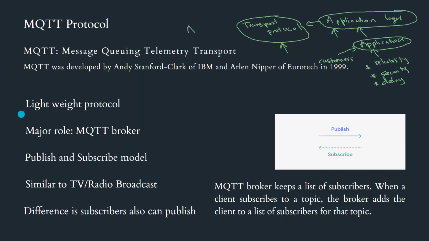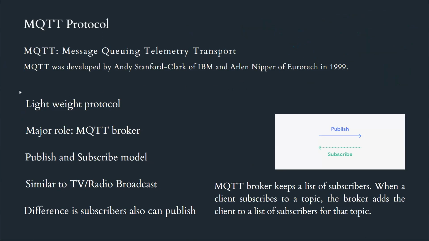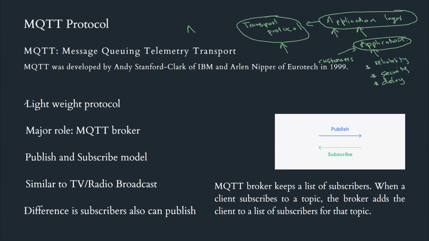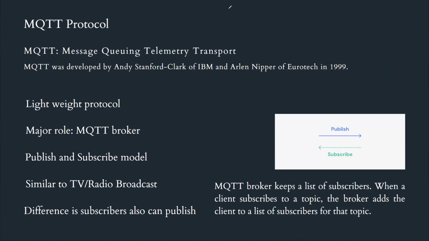When we talk about the application layer protocols, there are several application layer protocols that are useful for us. However, for IoT scenarios, we'll be discussing the MQTT protocol, which is the message queuing telemetry transport protocol.